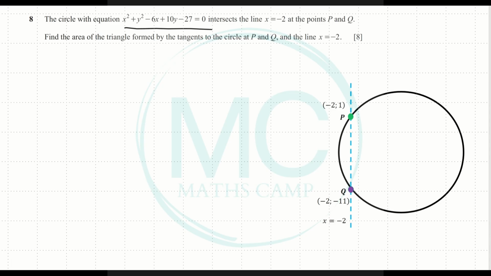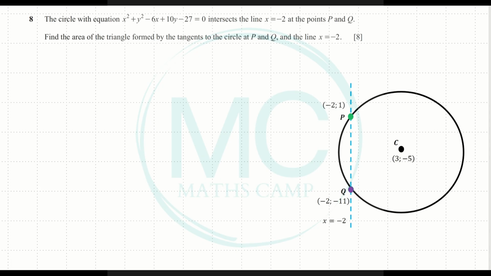To find the x coordinate, we take the coefficient, negative 6, divide by 2, you get negative 3. Change the sign, and we get positive 3. This is the x coordinate of the center. For the y coordinate, we take the coefficient of y, divided by 2 gives us 5. Change the sign, we get negative 5. This is the center of our circle, and we can put this into our diagram over here.